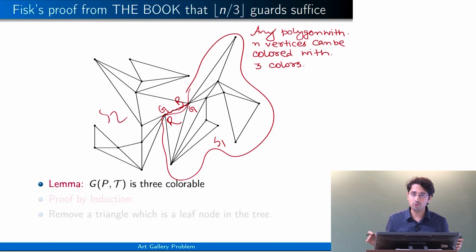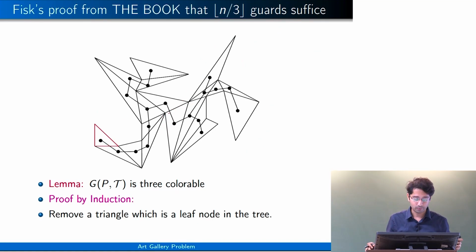What will I do? I will remove that leaf node. What do I mean by removing the leaf node? What is a leaf node? It will be a triangle which has only one neighbor.